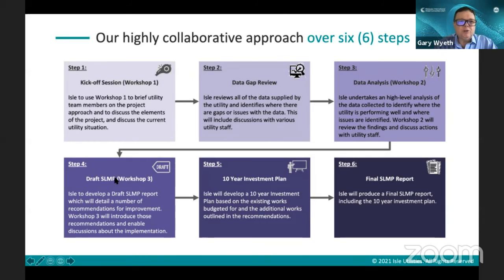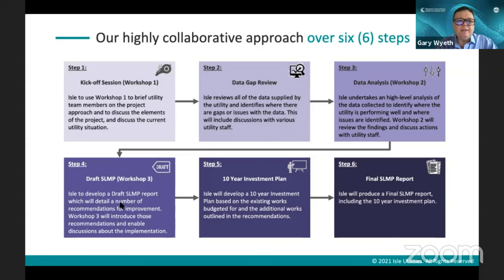Then we produce a draft SLMP with a number of recommendations to the utility, which then ends with a third workshop where we once again go through all of the different recommendations to see whether they need fine-tuning, or whether the utility agrees with us or disagrees with some of the recommendations we're making.